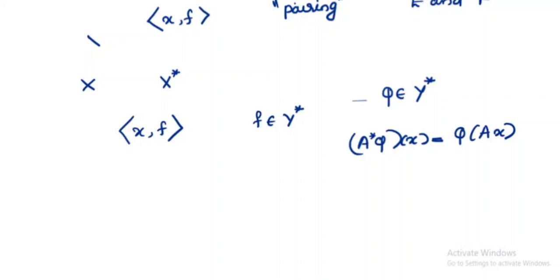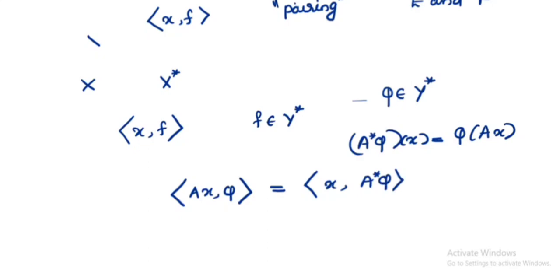So phi of Ax means <Ax, phi>, and this is equal to A star phi of x, which is <x, A star phi>.